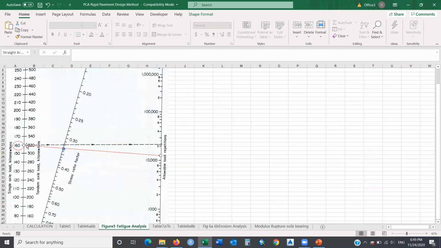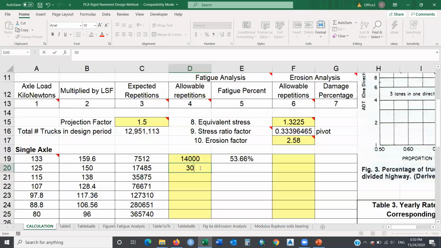So I go now to 150. And I'm reading 30,000. You see, it's gone.